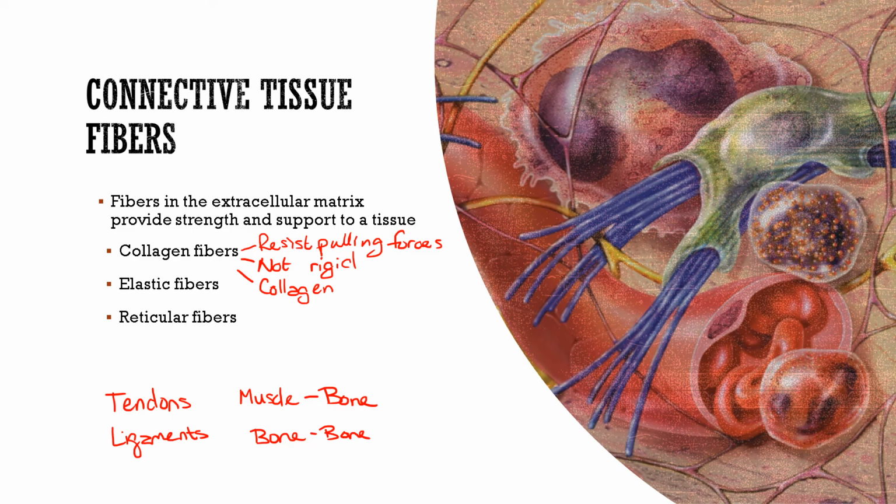Okay, next we have elastic fibers. Now, elastic fibers are going to be smaller in diameter than collagen fibers, and they will branch and join together to form a fibrous network within connective tissue.